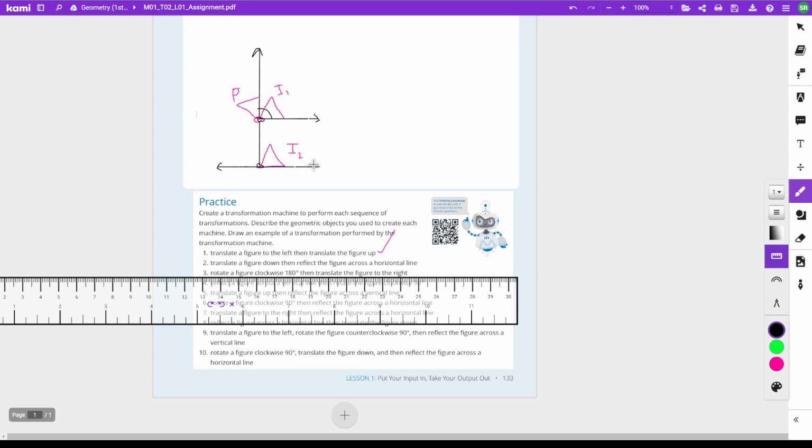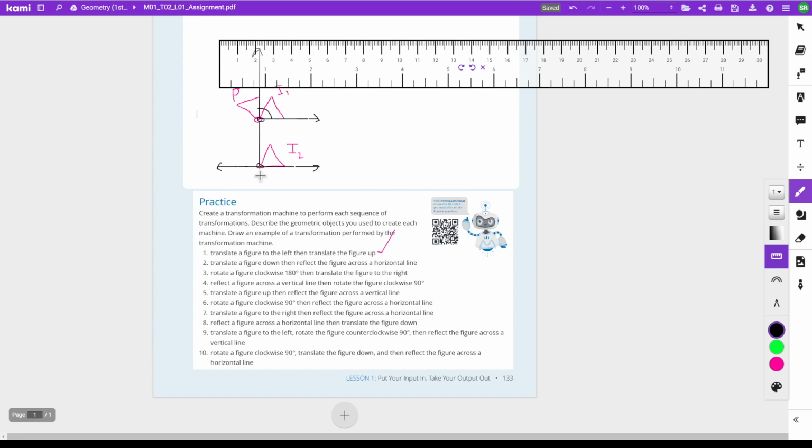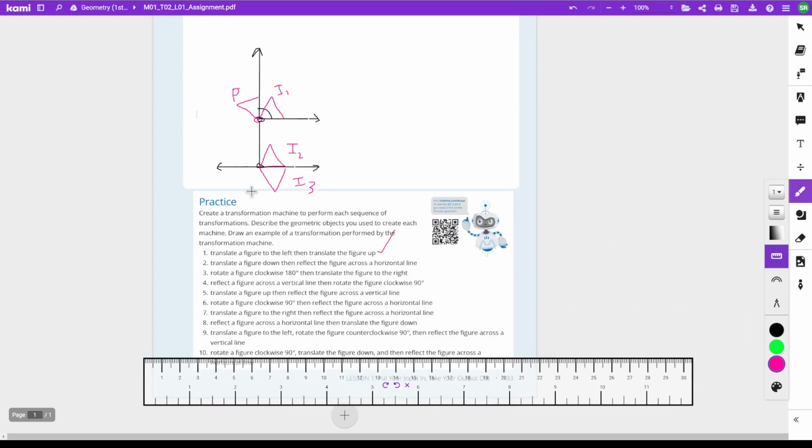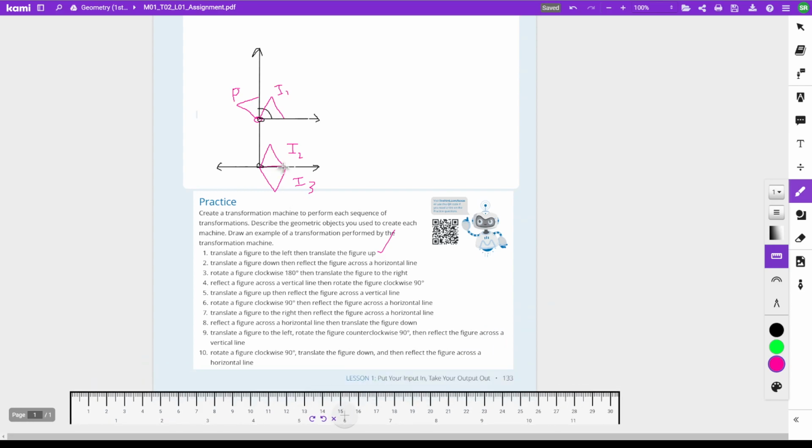The line gets the arrowheads. Now let's draw the reflection of it, which is basically just the shape flipped around over the line. And there we go. That would be our final image, and this would be essentially the answer for question number 10.